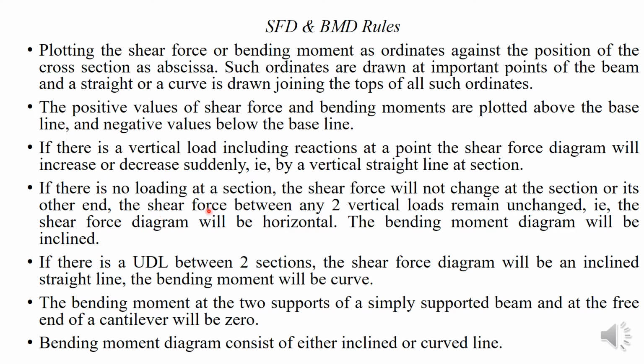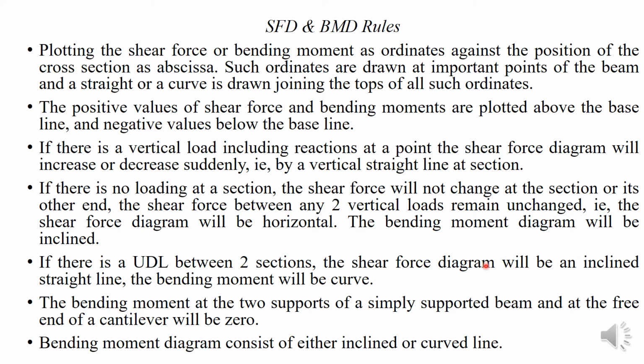If there is no loading at the section, the shear force will not change at the section or its other end. The shear force between any two vertical loads remains unchanged. That is, the shear force diagram will be horizontal and the bending moment diagram will be inclined.